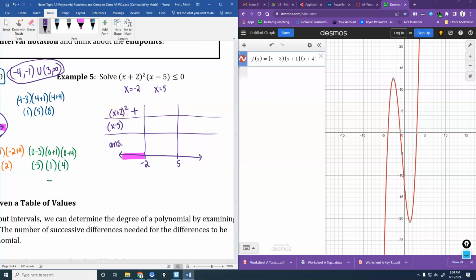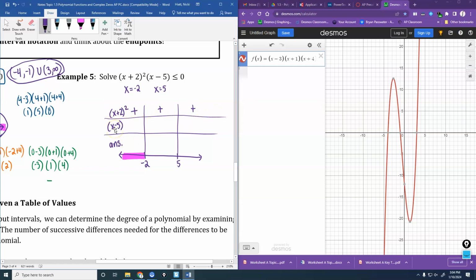So I'll get a positive if I plug in a number from this first section. If I pick a number from -2 to 5, like 0, I will also get a positive here and a positive here. I'm going to get a positive for anything because I'm squaring it. So even if I get a negative inside of the parentheses, when I square it, it will give me a positive. So this whole line will be positive.